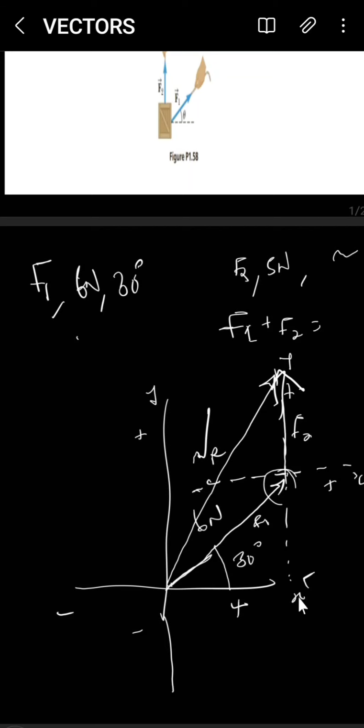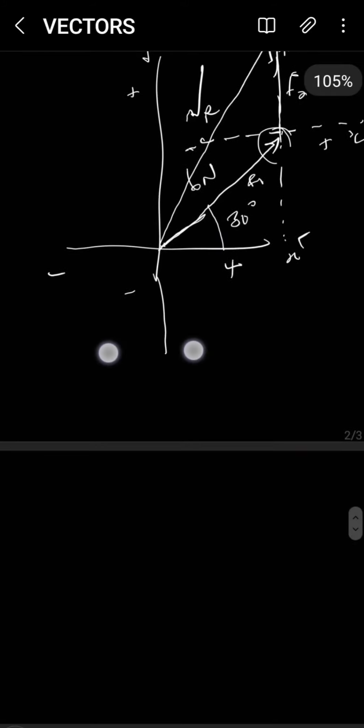Okay, so if you have forces, if you have vectors, and you've been told to find the resultant vector, again, we remember from the previous video, what did we have? Again, we learned that you have to find components, right? X component and Y component given we're using the XY plane coordinate system.